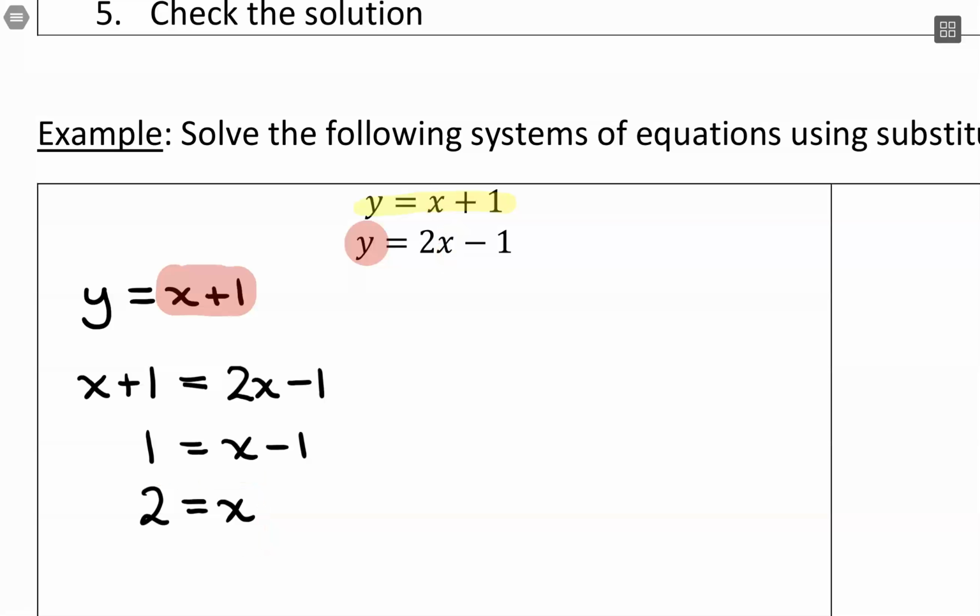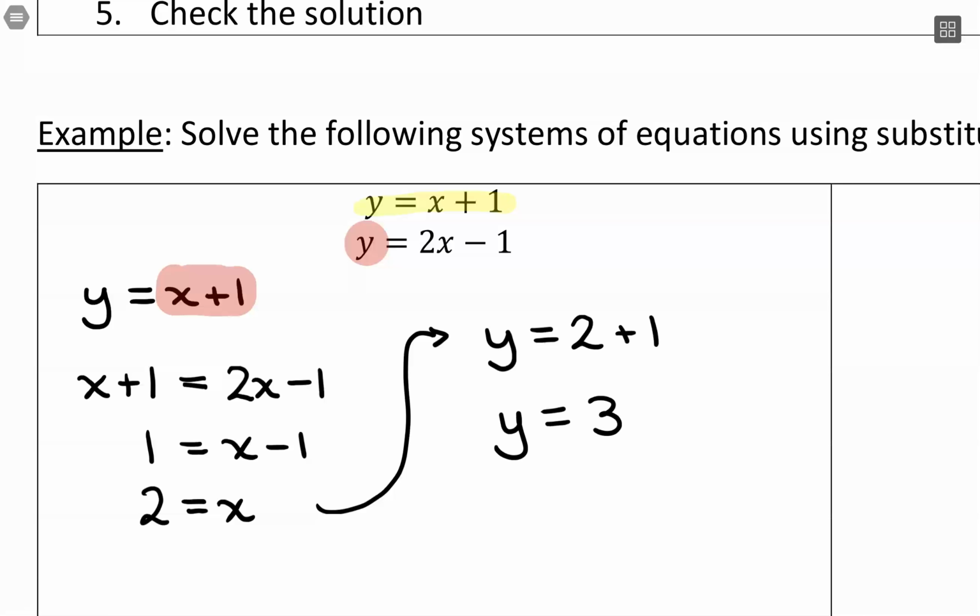It doesn't matter which one at this point. I'm going to use the original, y equals x plus 1, but instead of writing x, I'll plug in the value 2 that we found. This shows me that y is equal to 3.